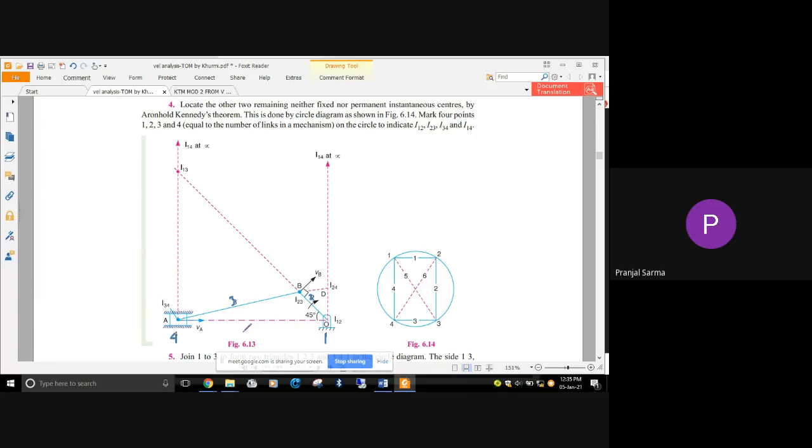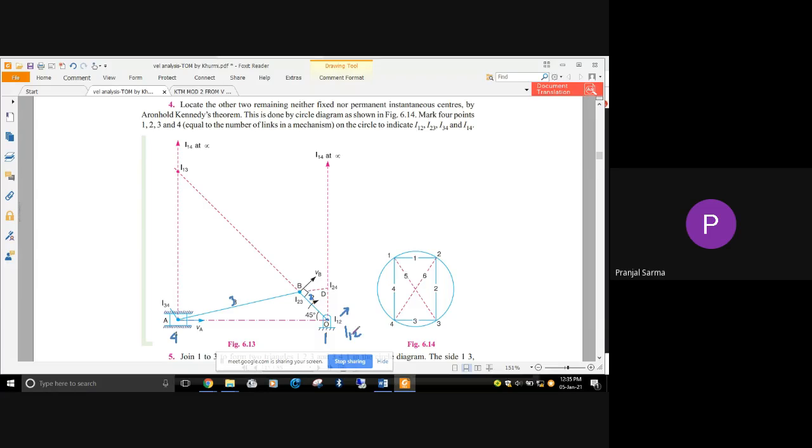Now from here we have already seen that there are certain hinge joints, so some fixed points are there, and fixed links are also there. So the fixed and permanent instantaneous centers can be directly located by visual inspection. This is link 1 and link 2 joined by the pin joint, so directly at the center of the pin itself, I12 will lie.